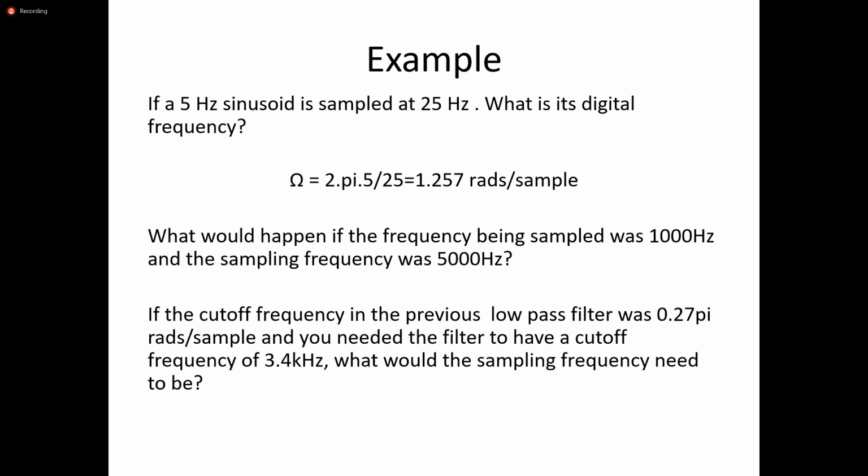Right. Because if you think about it, pi is just a number. So you could have divided 3,400 by pi, and you would get that in terms of cycles per sample, or it would be 0.27 cycles per sample.